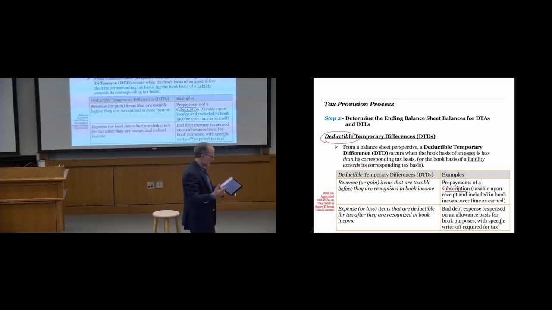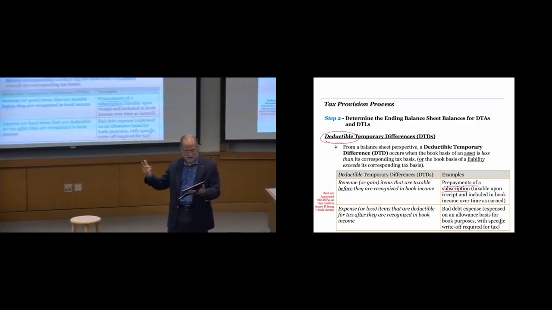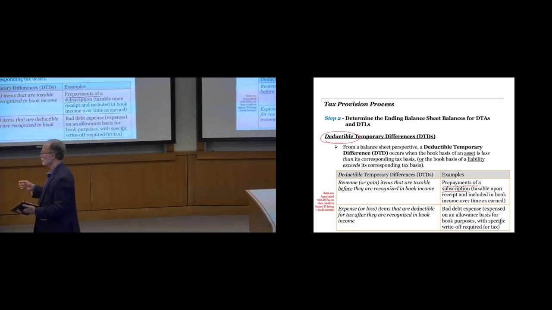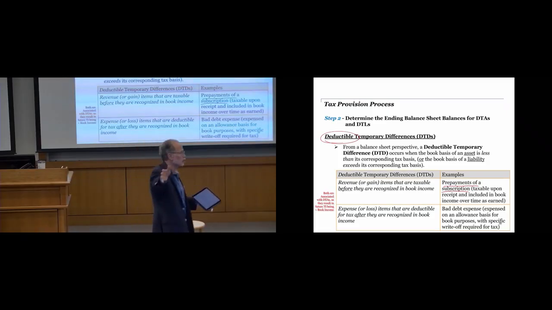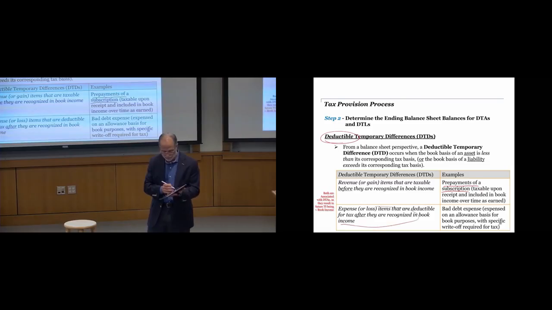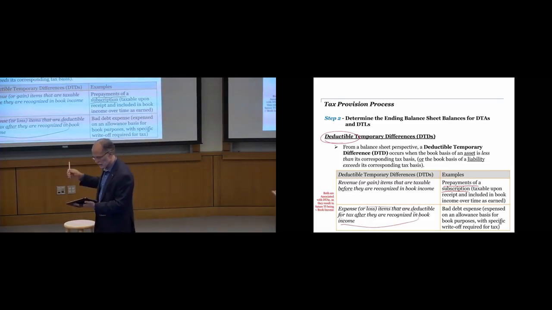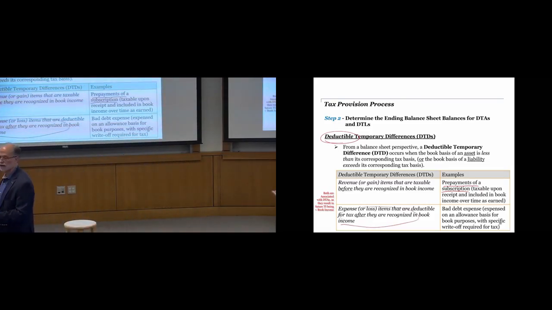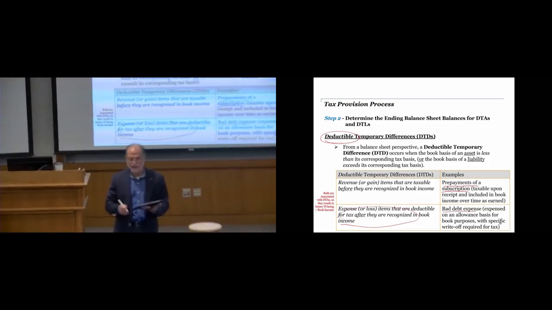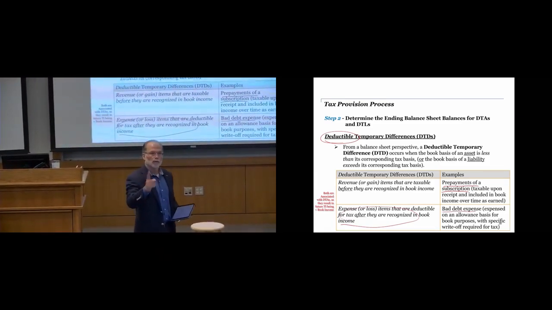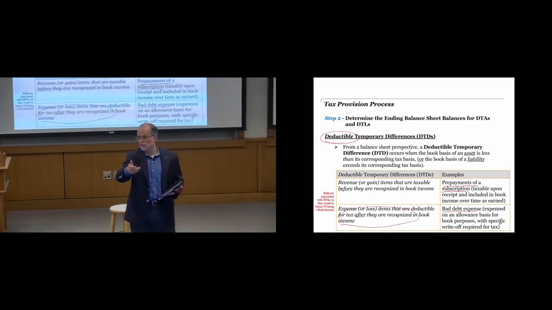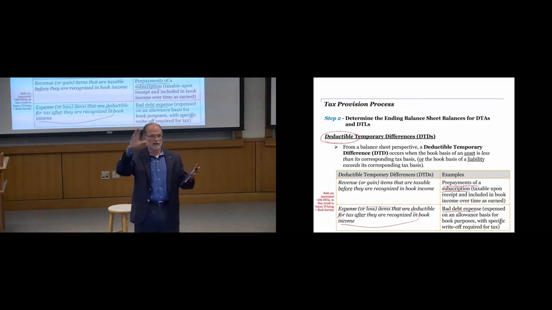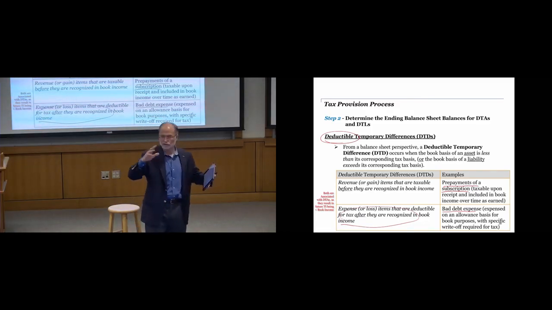Okay? So that would be an example of a deductible temporary difference, because I'm going to reduce my future taxable income relative to book. The second item, which I think is pretty intuitive, is expense items that are deductible for tax after they are recognized for book. The best example I have of that is bad debt expense. Remember what happens for accounting purposes: accountants estimate the allowance for bad debts based on historical information.